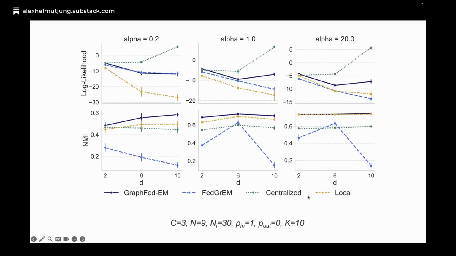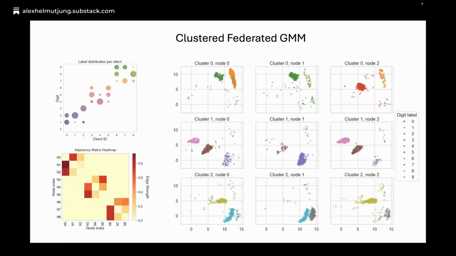Okay, and again, the clustered setting is, in a way, a very artificial setup, of course. Here, what I'm doing is clustering the local data sets themselves. For example, this group of clients will have access only to digits 0, 1, and 2.